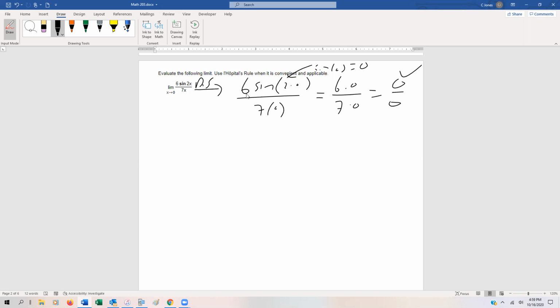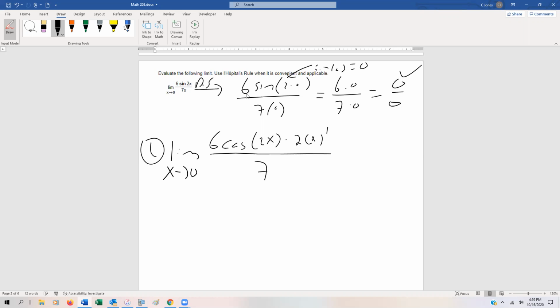an indeterminate form. Now be careful with this one. We are going to use L'Hopital's rule, and that's going to become the limit as x approaches 0 of, now be careful, it's going to be 6 cos of 2x, but we have a chain rule. So we need to take 2x prime, and then in the denominator, we just have 7.